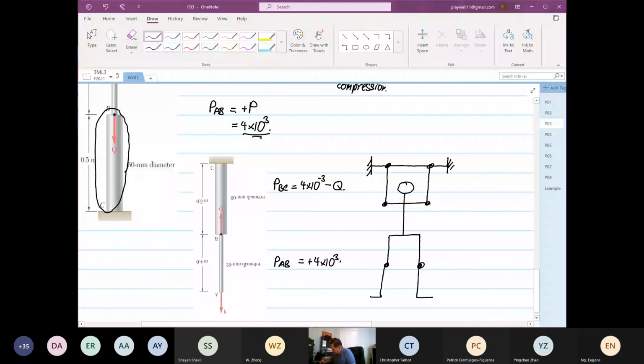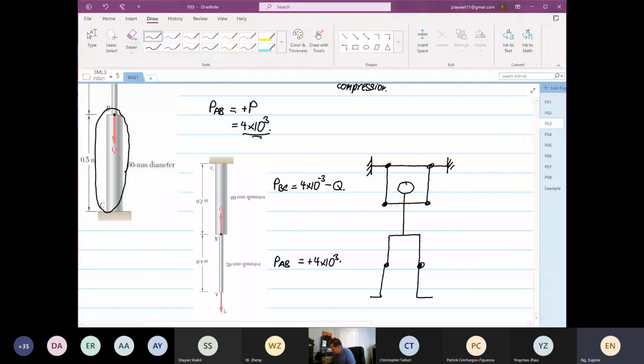So at this point, I'm going to section this into two also. I'm going to section it here, and I'm going to section it here.